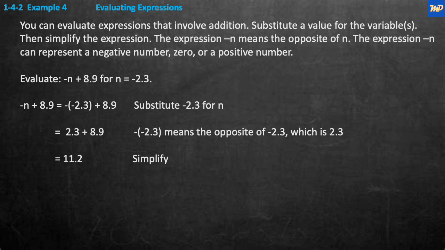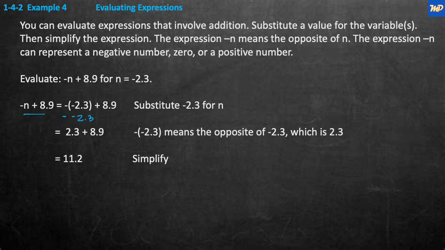So we say negative n plus 8.9, that's right here. That equals, now we're going to substitute. What are we going to substitute? Negative 2.3 in for n. So it says negative n, so now it's negative negative 2.3, right? So those are going to turn out to be positive. Plus 8.9.